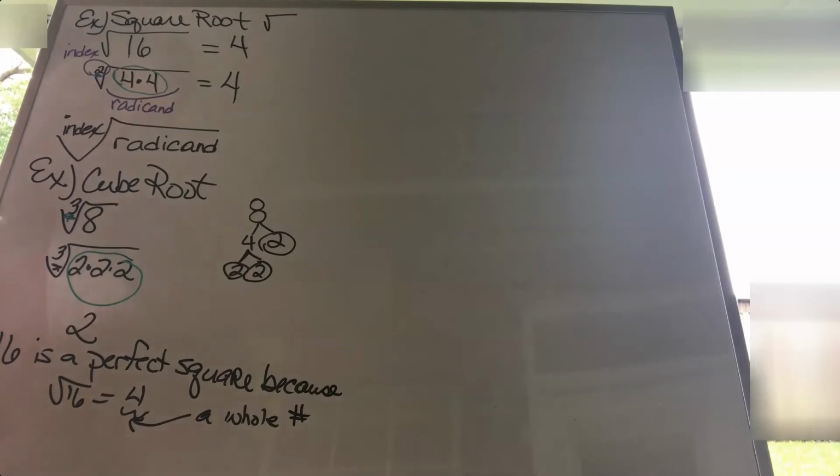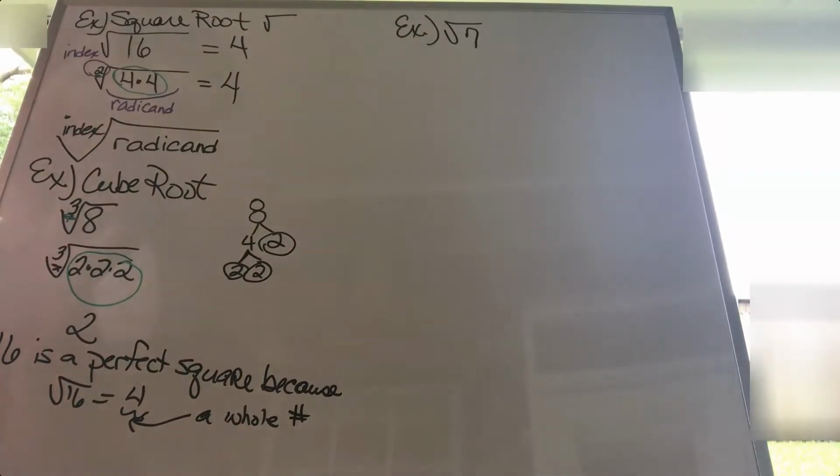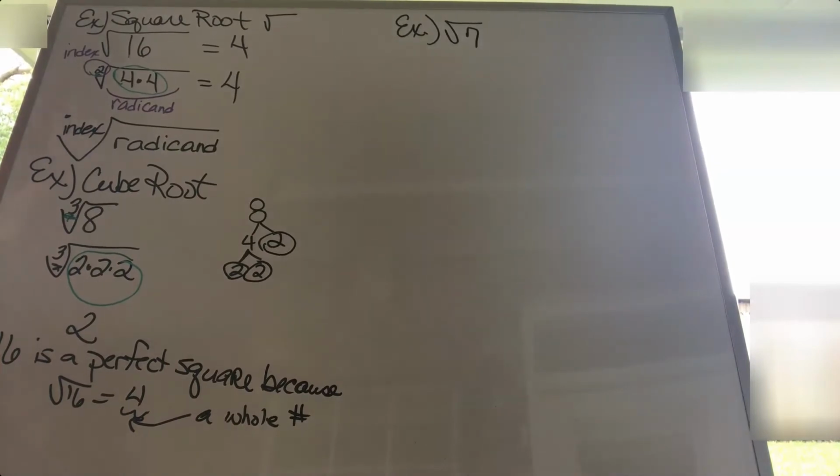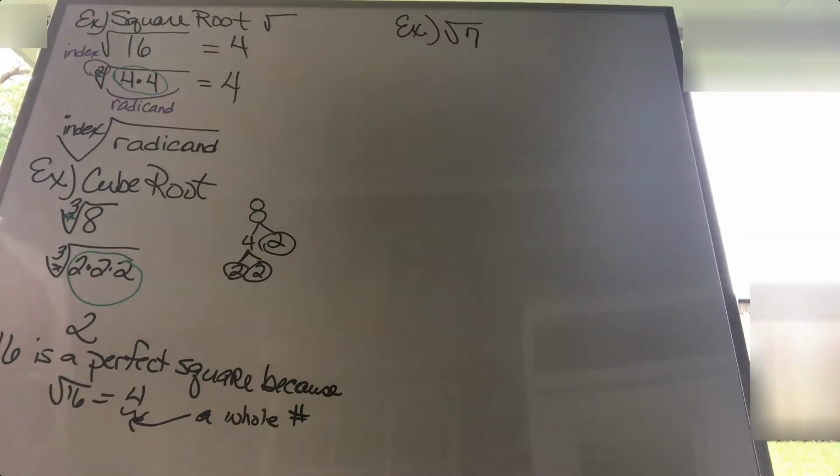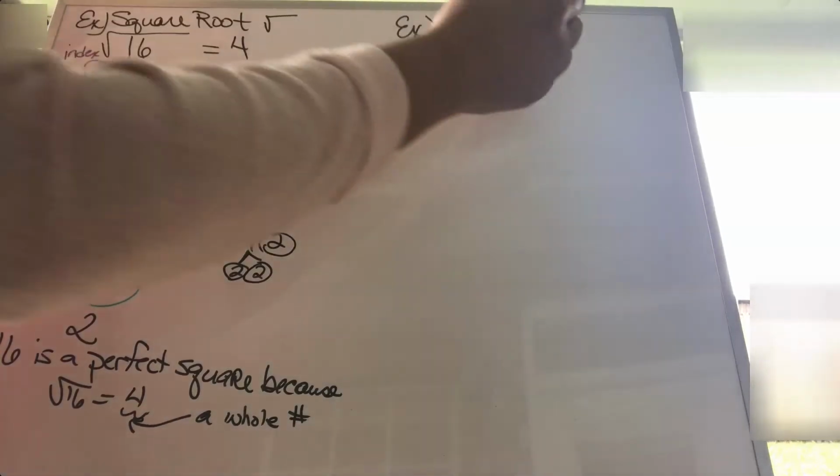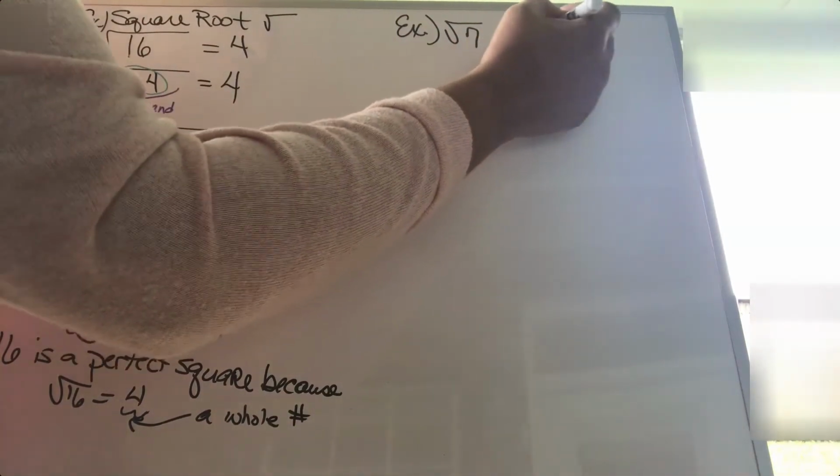If I try to get something like the square root of 7, 7 is just 7 times 1. So there's no way for me to find a number that I can multiply times itself to get that 7 exactly. And when that happens, we say that that's irrational.